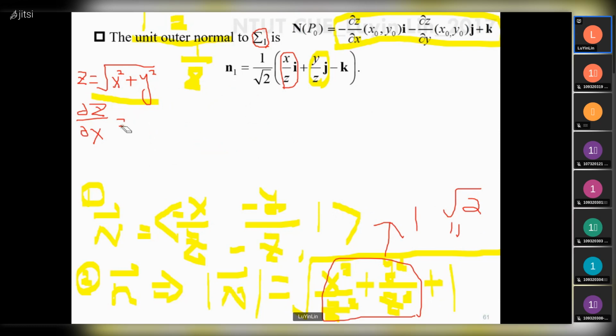So before writing the unit vector, let me show you the outer. How to see the outer? It's a little hard. I will explain outer using Chinese. Okay, outer.